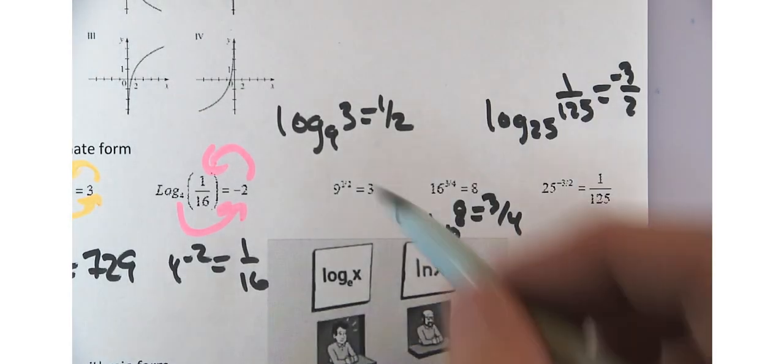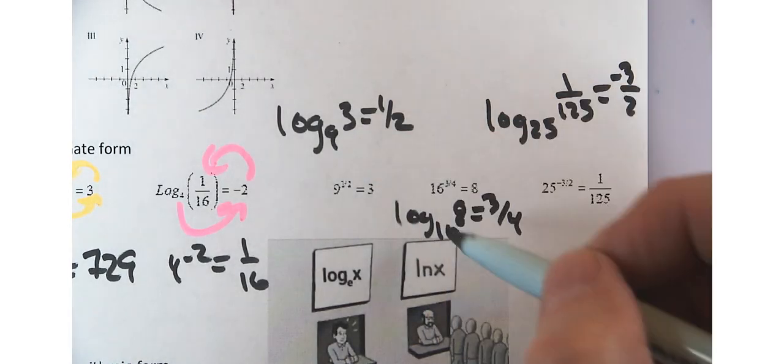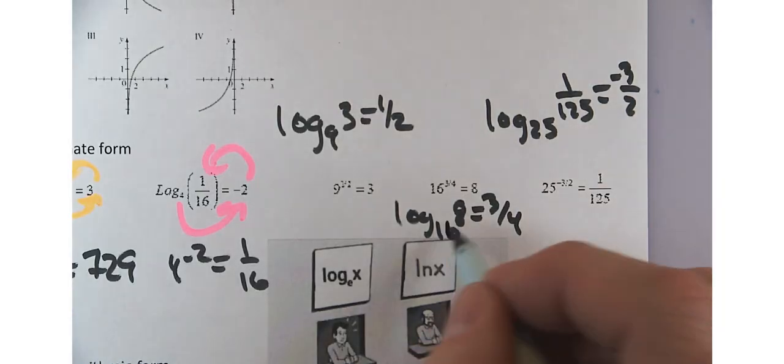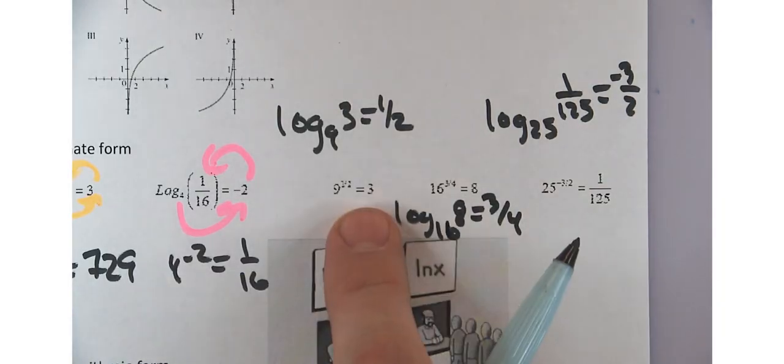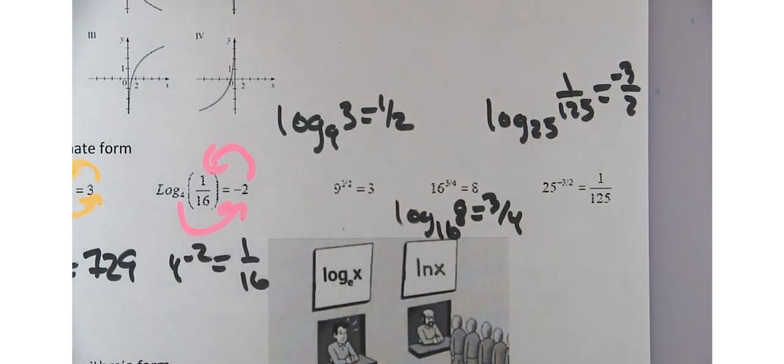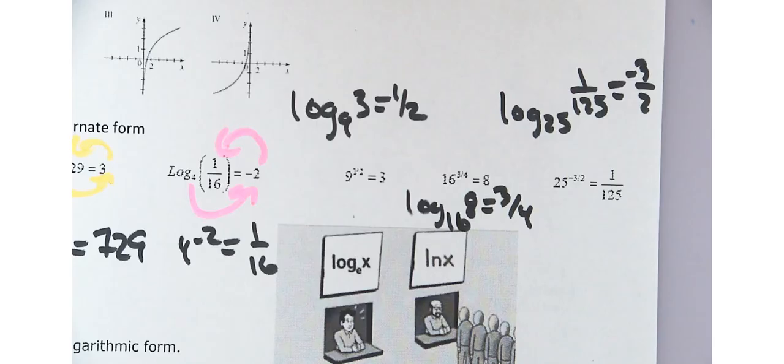Now, I'm trying as best I can, and I'd appreciate a similar effort from you, to make the bases a subscript. Don't write them on the same line as everything else. If you were to write, say, for instance, log, let me grab a sheet of scrap paper here. You write log base 16 of, where was our last one?